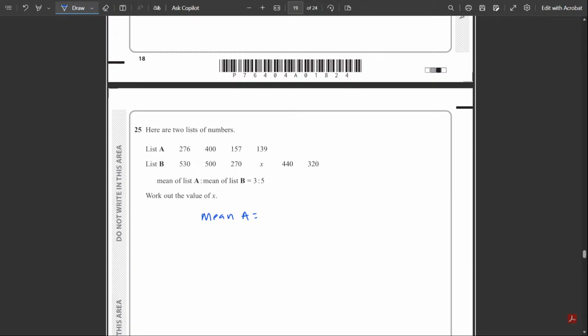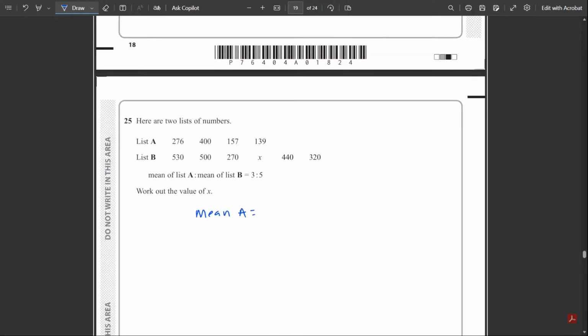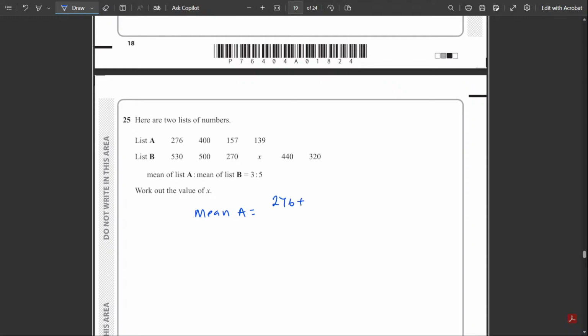276 plus 400 plus 157 plus 139, and then divided by 4 numbers because we got 4.